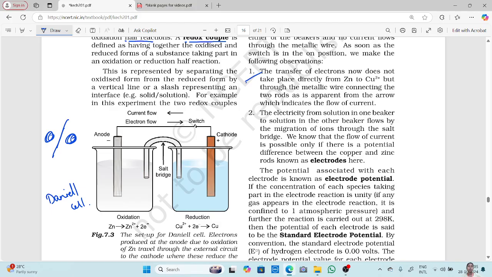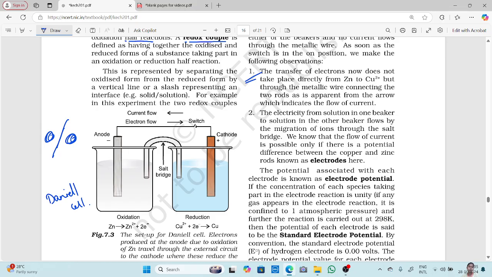The moment you put on the switch, the transfer of electrons does not take place directly from zinc to copper, but through the metallic wire connecting the two rods, as is apparent from the arrow which indicates the flow of current. Initially, in the first experiment, you had taken copper sulfate solution and dipped a zinc rod in it, so the electron transfer was direct.